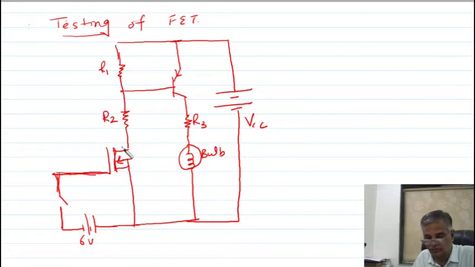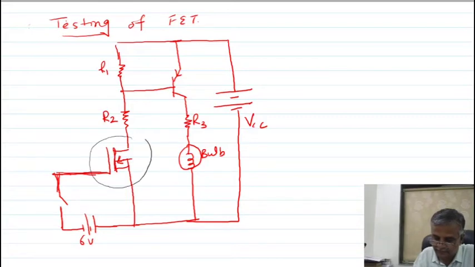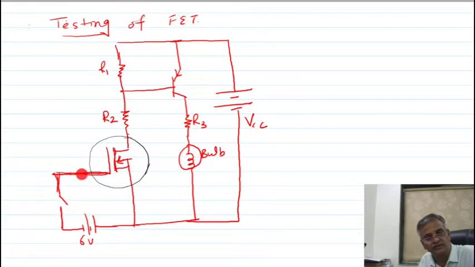Again I am telling you, you already know that for an N-type depletion type MOSFET, when you give sufficient negative voltage to the gate, then positive charge is induced in the channel and the MOSFET will be cut off, so current does not flow.